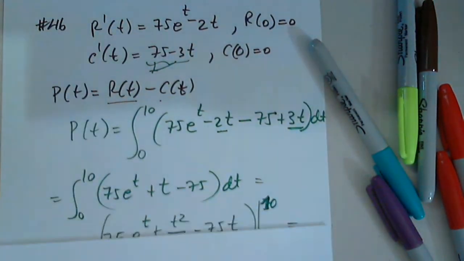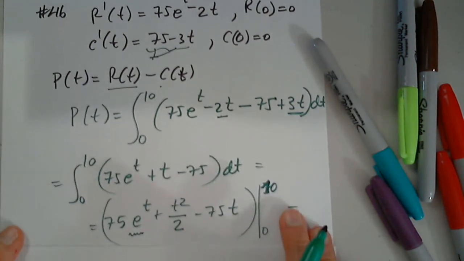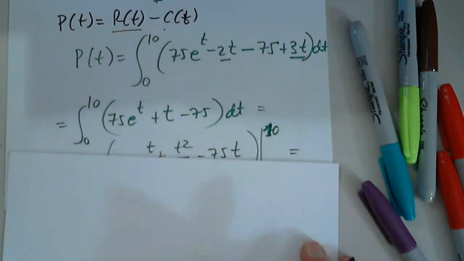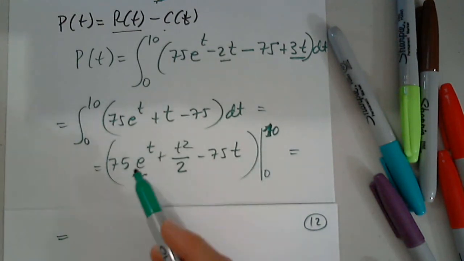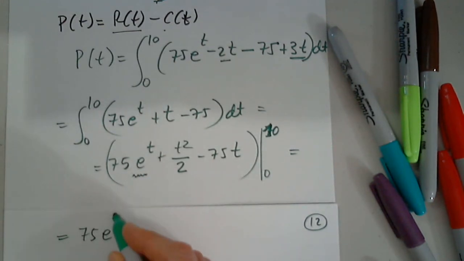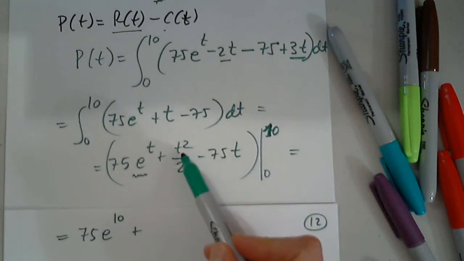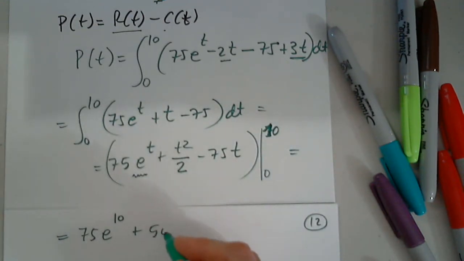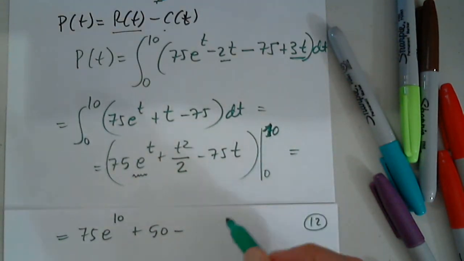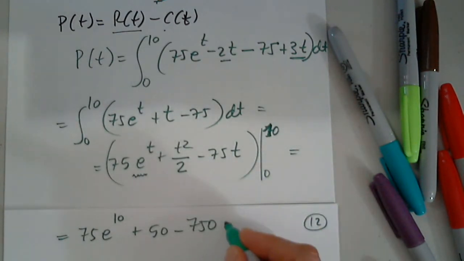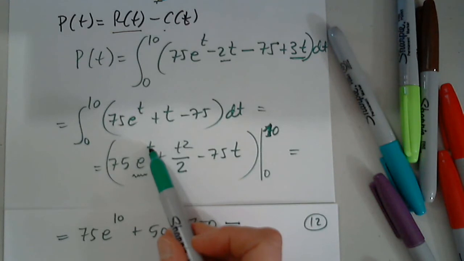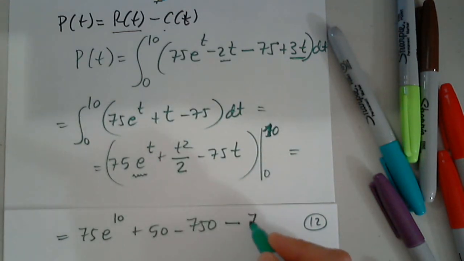So I plug in 10: 75 e to 10 plus 100 divided by 2, 50, minus 75 times 10, 750. These will be 0 now, but minus e to 0 is 1, minus 75.